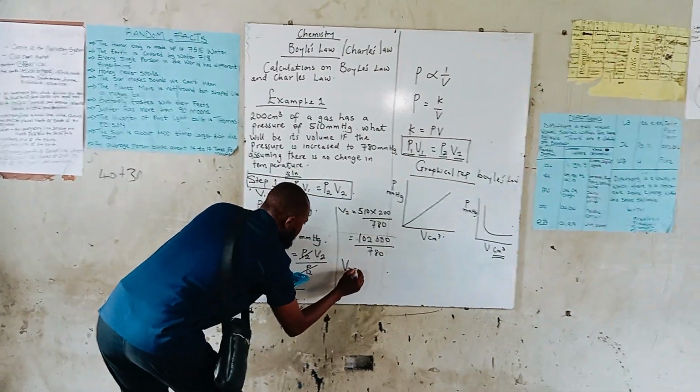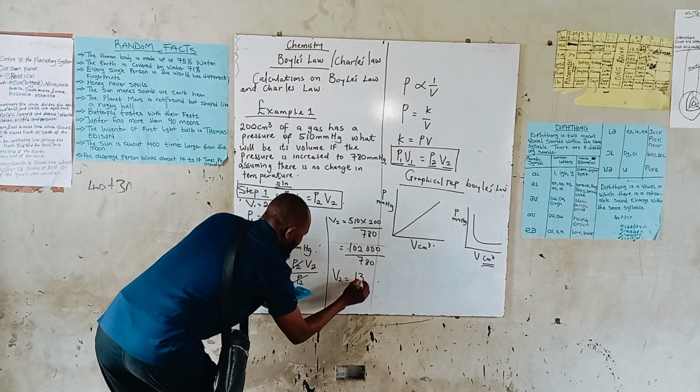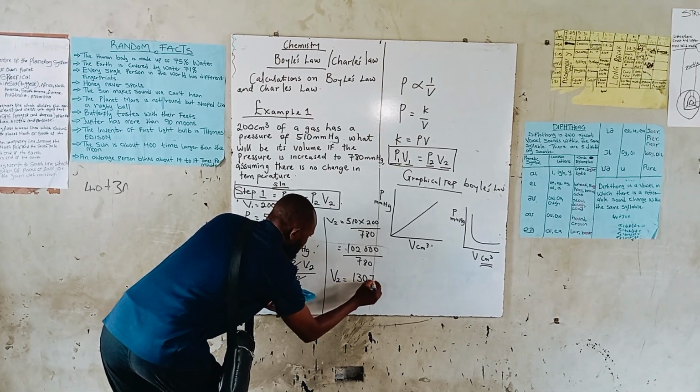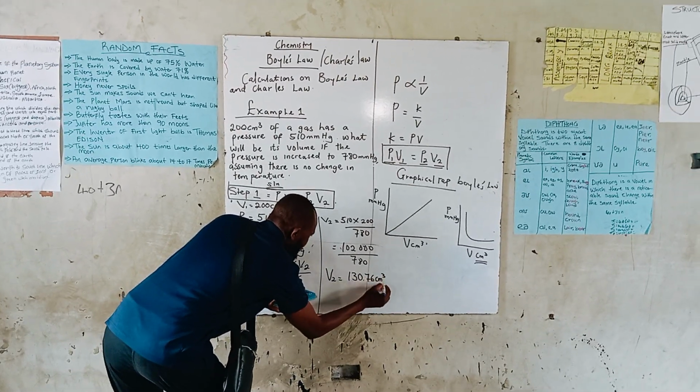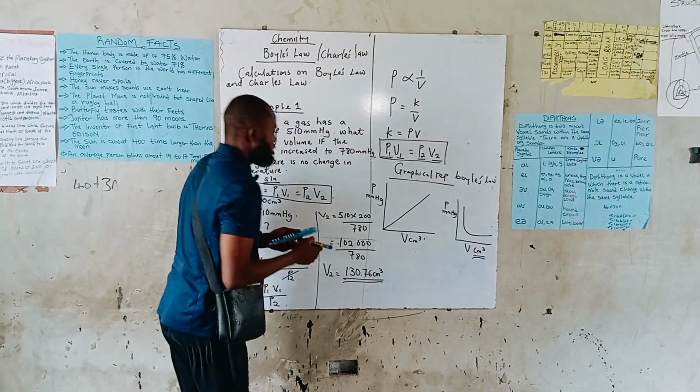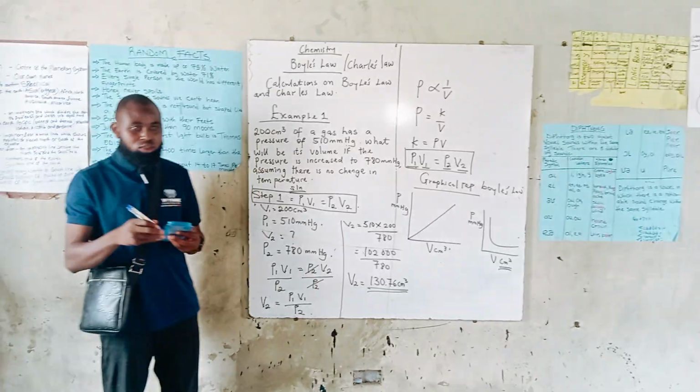So therefore, our V2 equals 130.76 centimeter cube.